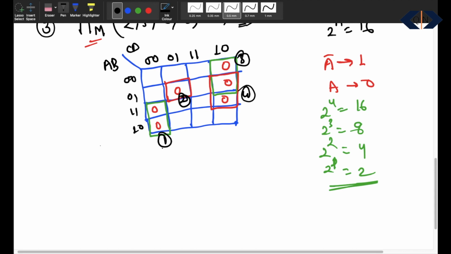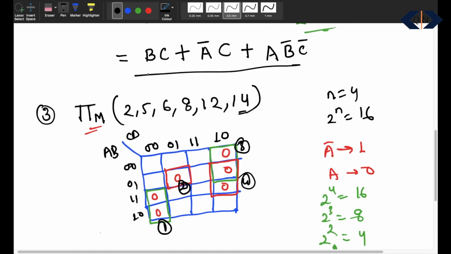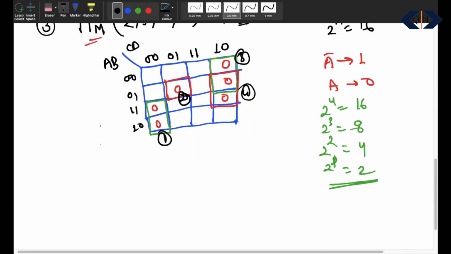Starting with the first group. Previously we wrote the standard sum of product, but here we will write product of sum. So we know that A bar is 1 and A is 0. Let's start writing this. If we look at the first group, these are 0, 0.